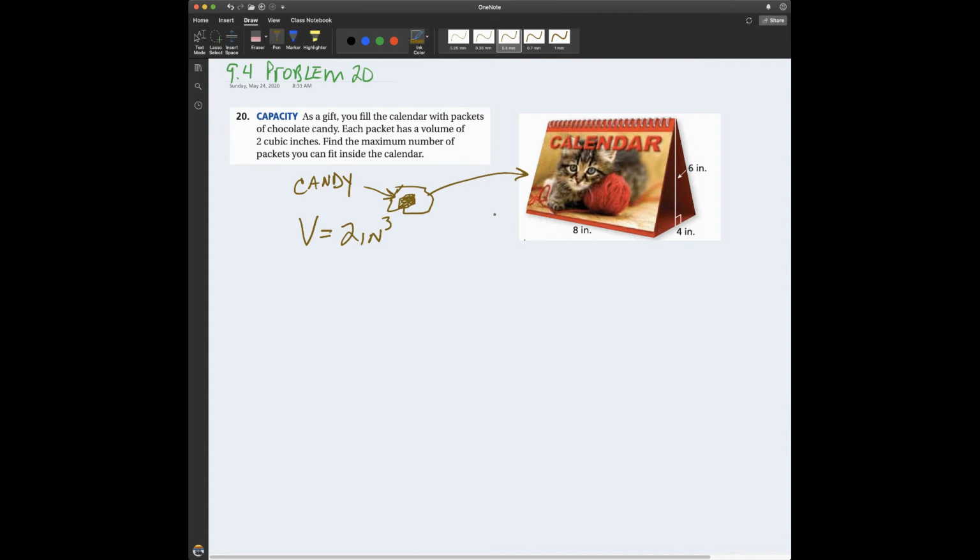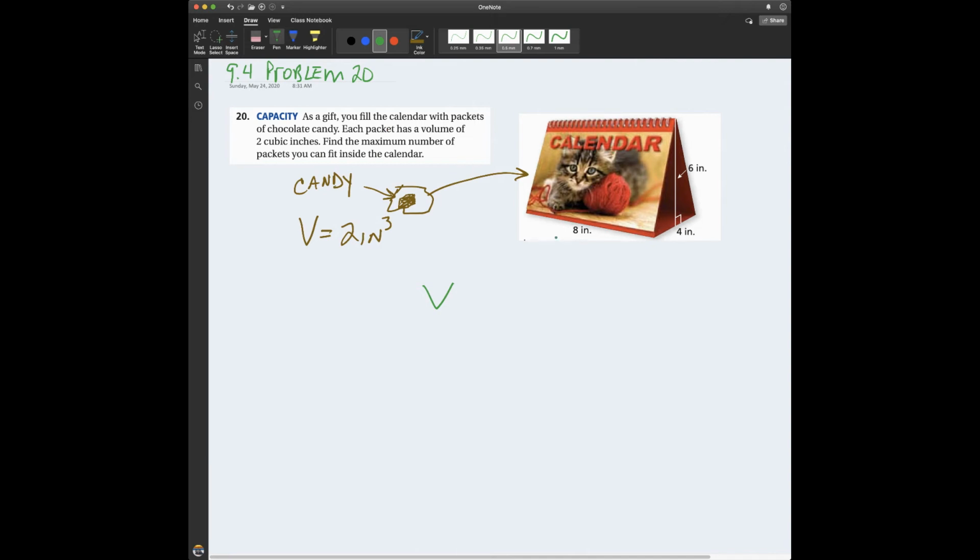So really, what we need to do is find the volume of the calendar package, so that we can figure out how many pieces of candy we can put in there.